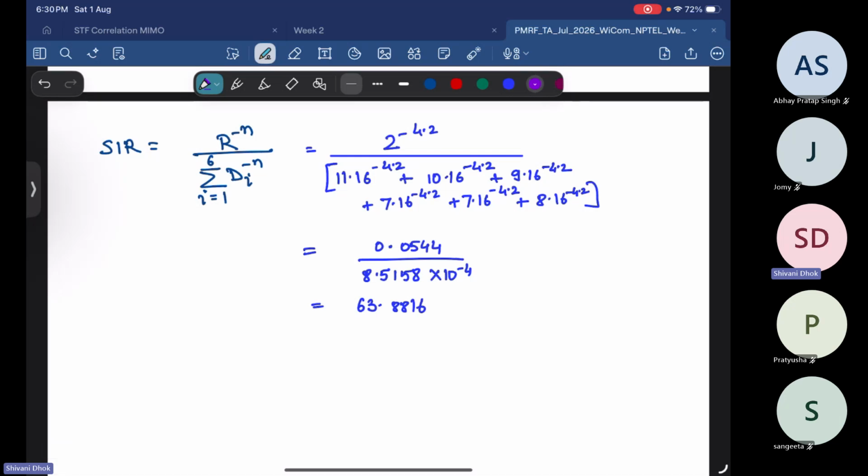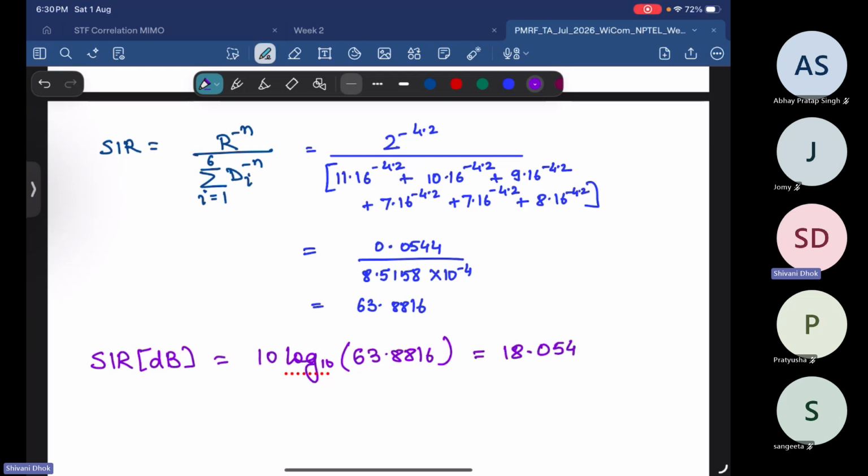Your signal to interference ratio in dB scale is 10 log to the base 10 into SIR, that is 63.8816, and this comes out to be equal to 18.9054 dB. Okay, so this is your signal to interference ratio.